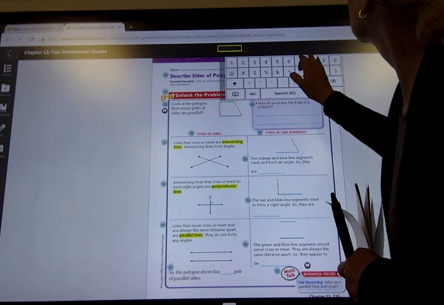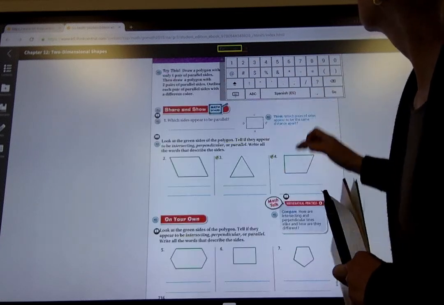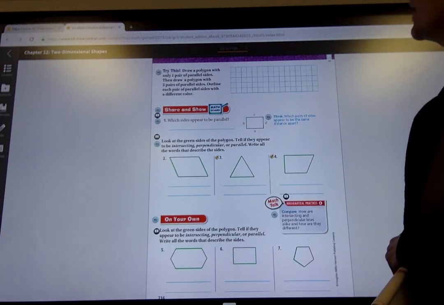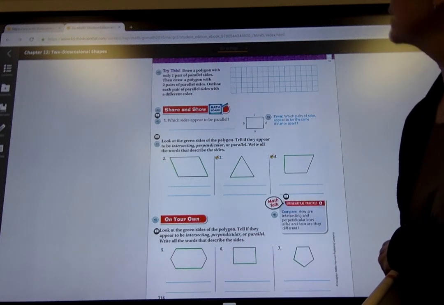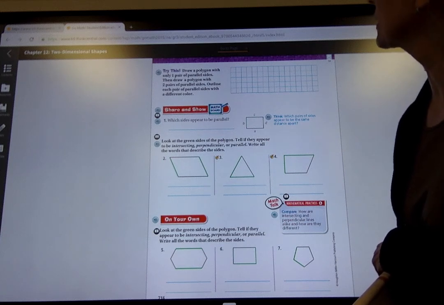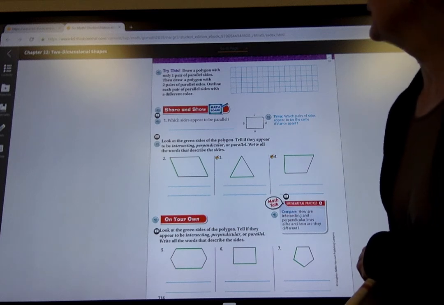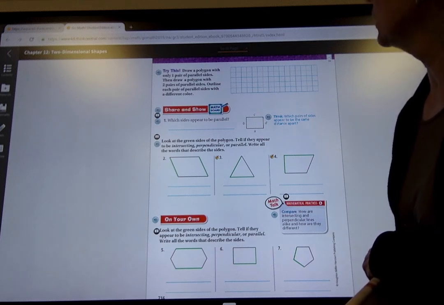Page 716. It says, try this. Draw a polygon with only one pair of parallel sides. Then draw a polygon with two pairs of parallel sides. Outline each pair of parallel sides with a different color.